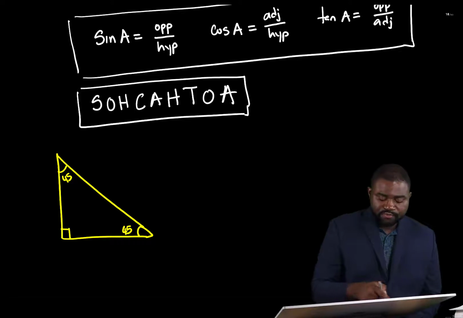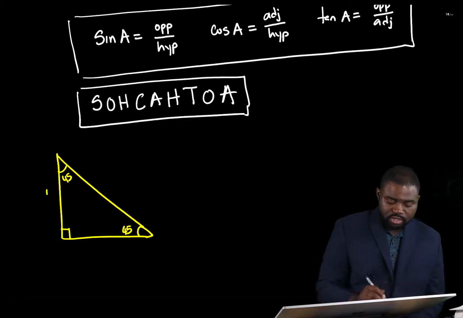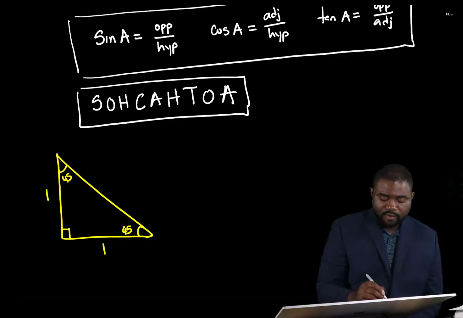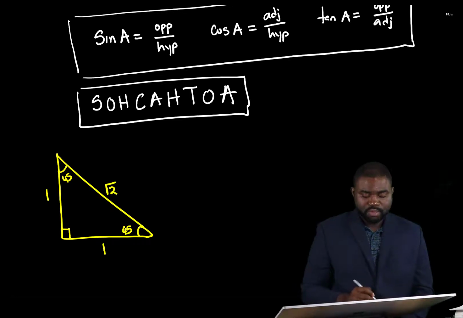This is only true if this side is equal to this side. So if this is 1, this will be equal to 1, and therefore this will be equal to root 2.